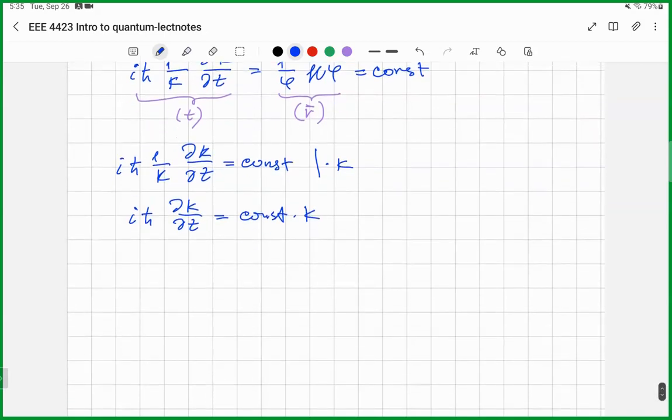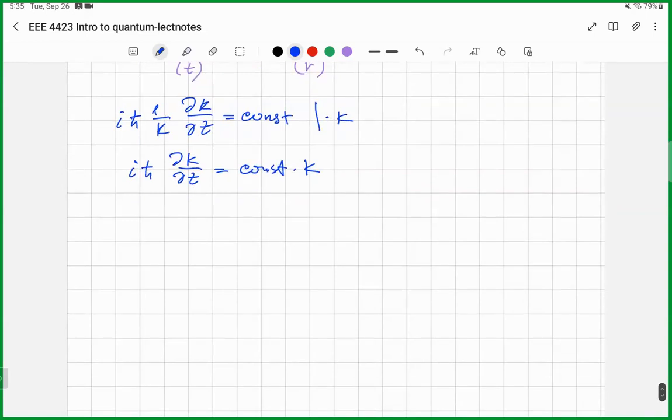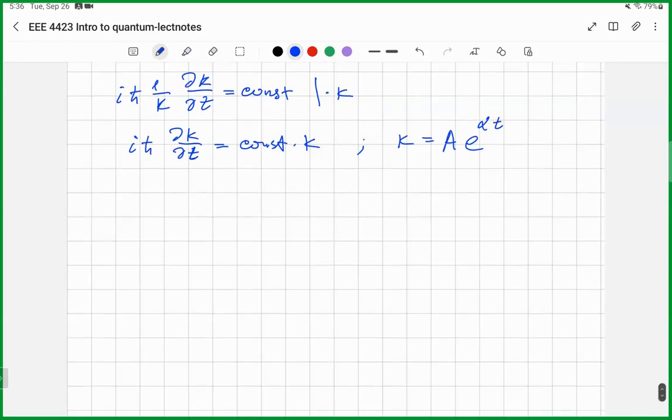I notice that I take the time derivative of kappa and get kappa itself times some constant, and it reminds me of the time derivative, or any derivative, of an exponential function, right? So I can make an ansatz and search for kappa as a function: some amplitude A times e to the power of alpha t, right? So alpha and A are two parameters to be determined.